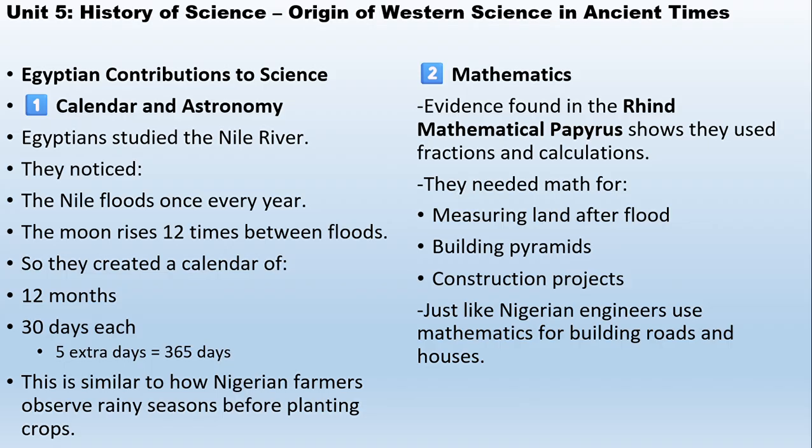Yeah, the Rhind mathematical papyrus is a key source on Egyptian math. It covers fractions, algebra, and geometry. You know, the same way we have general maths here, or the same way we have simultaneous equations here, the same way we can say we have trigonometry here.